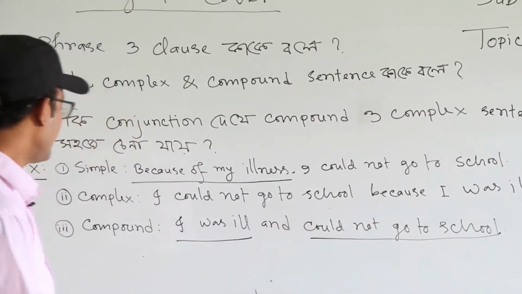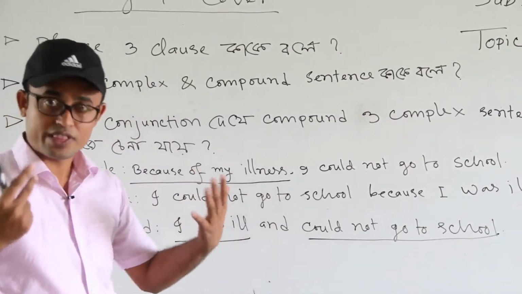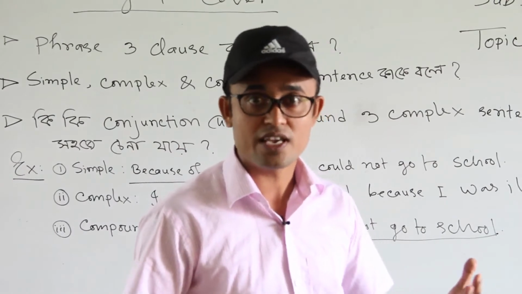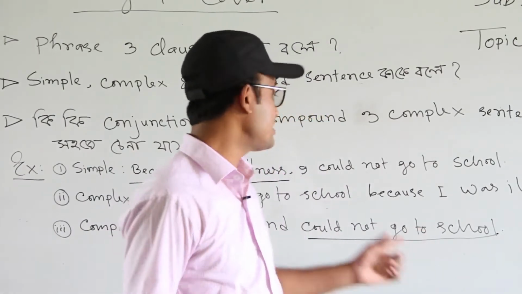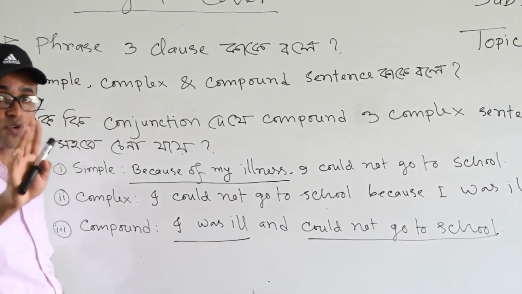Understand? That is, if we think about the sentence from the point of clause, আমরা যদি ক্লজের দৃষ্টিভঙ্গি থেকে এই সেন্টেন্সটা চিন্তা করি, তাহলে here we find two principal clauses.